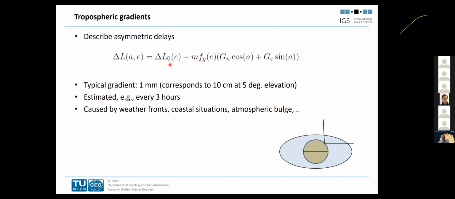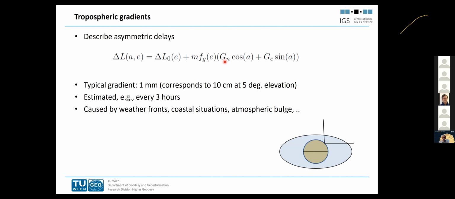This is the symmetric part here. We typically estimate the north and east gradients, for example, every 3 hours or every 6 hours, and their size is approximately 1 millimeter. But if this parameter is 1 millimeter, this essentially means that, at 5 degrees elevation, there is an extra path delay of about a decimeter.